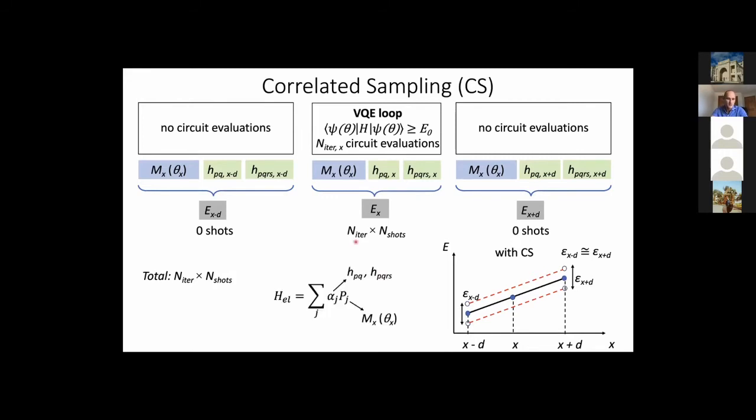The reason this works is that for different geometries, we don't have different Pauli strings. The only difference is that we have different coefficients alpha, which depend on the electron integrals.